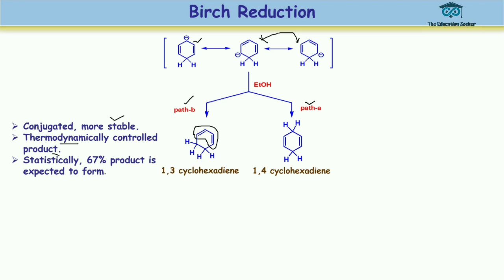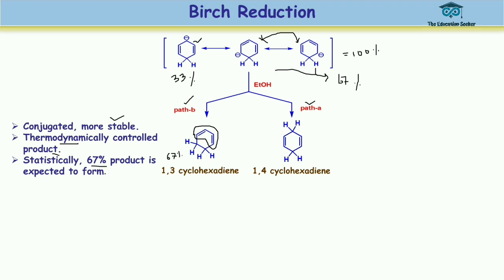On statistical grounds, 67% product is expected to form. If you consider the 3 canonical structures as 100% in population, then these 2 canonical forms will have 67% population, and the remaining one will have 33% population. So we can expect 67% product, that is 1,3-cyclohexadiene.